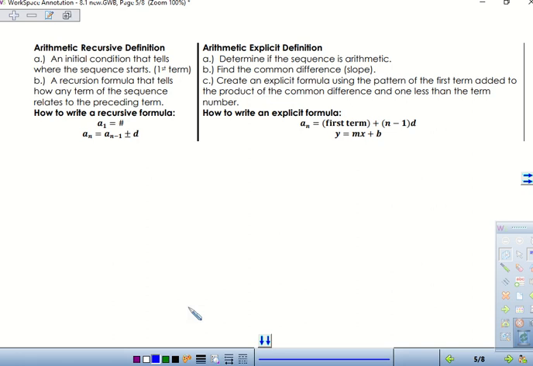It only allows you to find the term directly after the term that you already have. So let's say you want to find the 6th term, okay? You can find the 6th term by taking the 5th term and adding your common difference to it, okay? Say you want to find the 7th term. You can find the 7th term by taking the 6th term and adding the common difference to it.